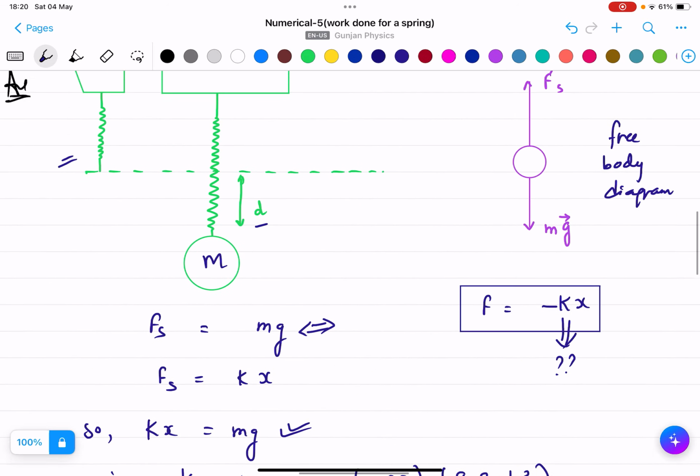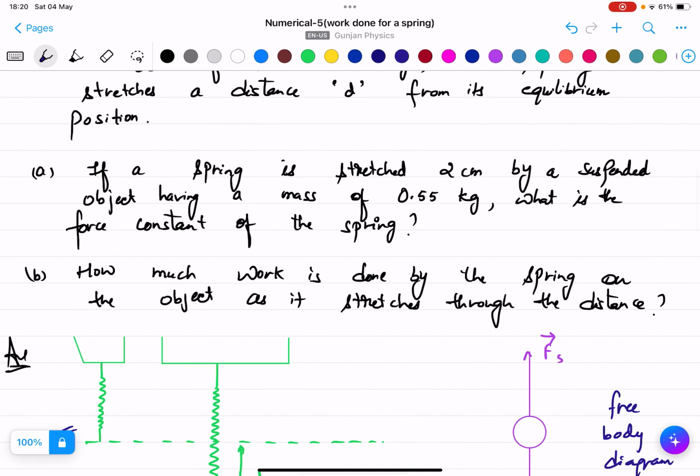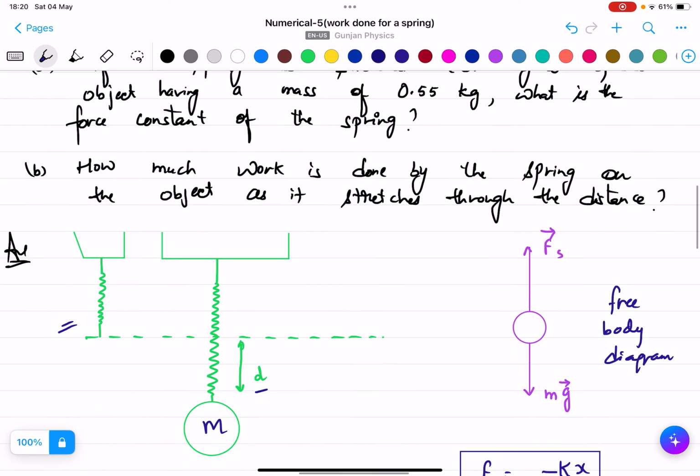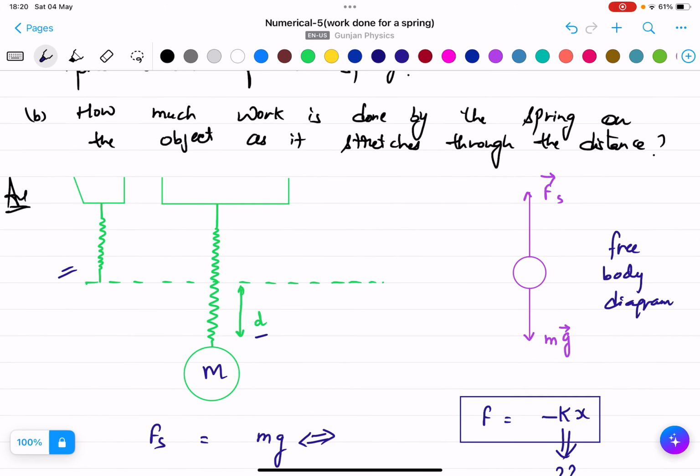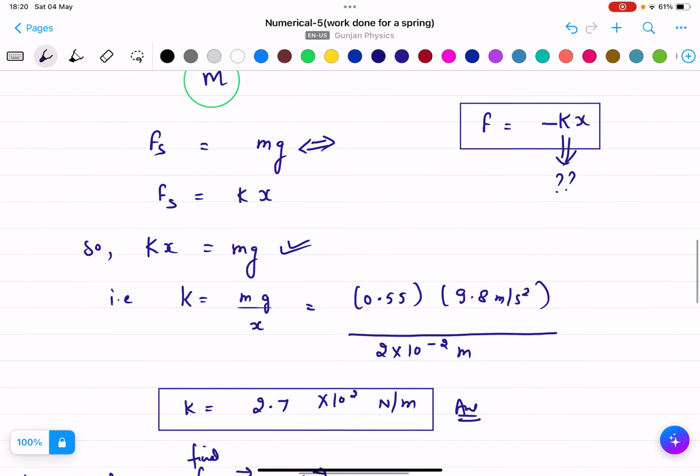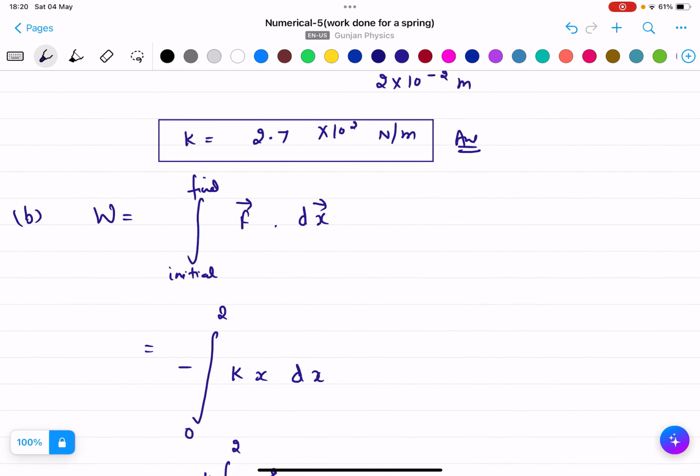Now, there is a B part. How much work is done by the spring on the object as it stretches through the distance? We need to find out how much work is done when it is stretching through the distance. So we all know F equals minus kx.